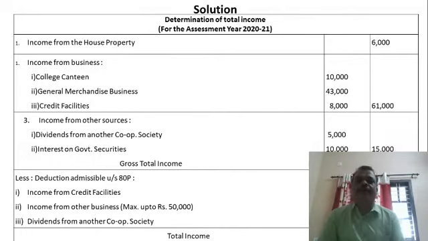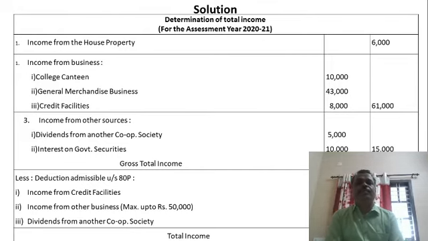In this problem, the cooperative society is an artificial person created by law, so an agreement between employer and employee does not exist. So usually income from salary is not given in the problem. Second, income from house property 6,000. We will get exemption on this income from house property based on the gross total income limit.